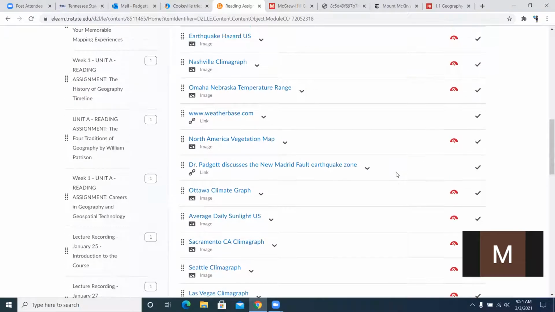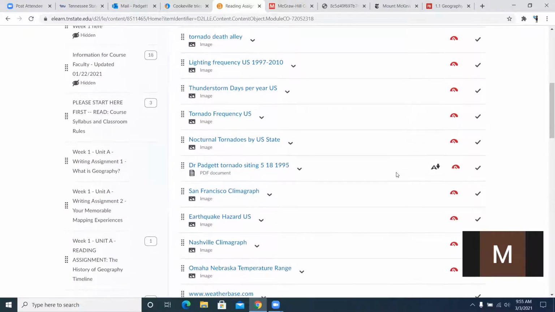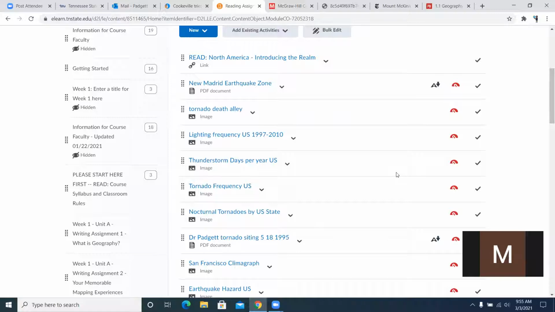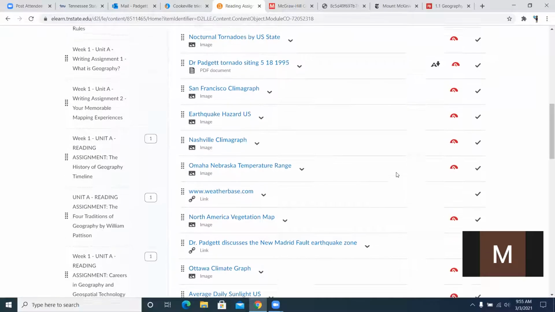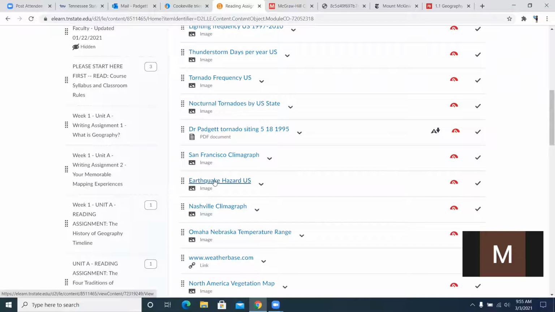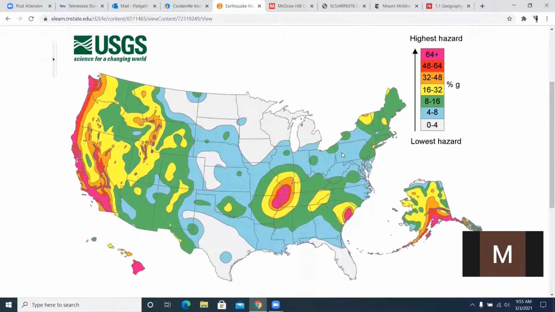Let's look at some of the other pertinent facts that we should know about the physical geography of North America, and that is the earthquake hazard. You'll need to know where in the United States and Canada, Alaska, and Hawaii, the greatest earthquake risk is.